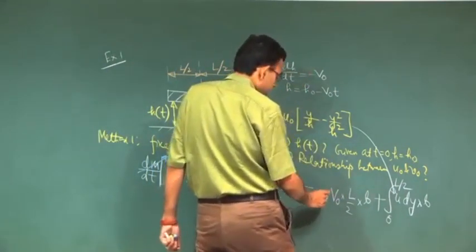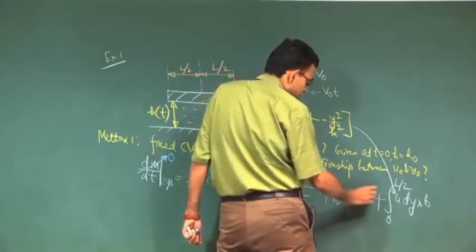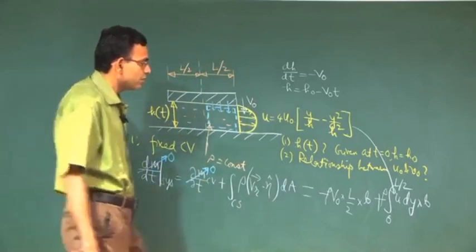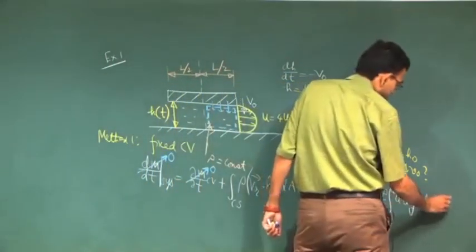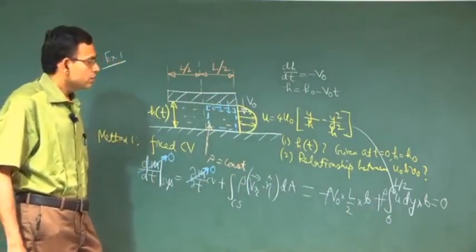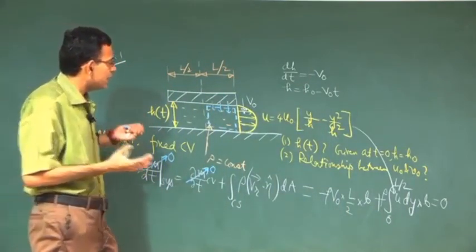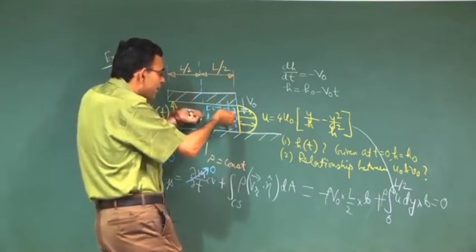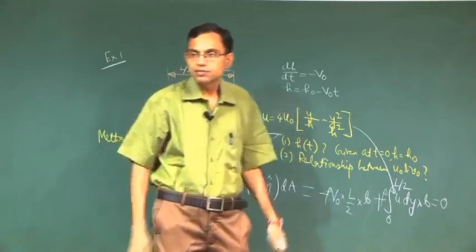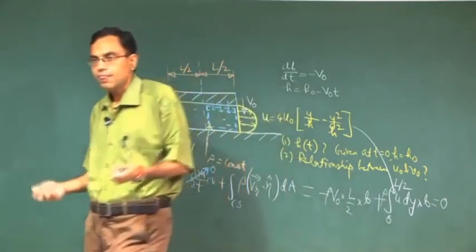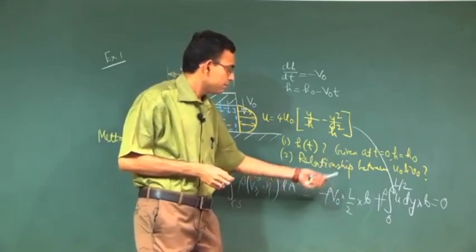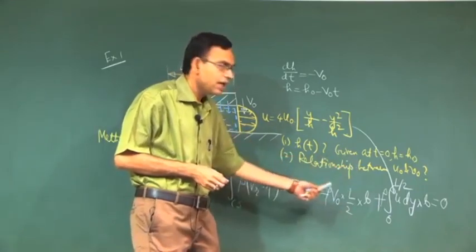So both terms have rho, and this is equal to 0. So conceptually it is the rate at which the fluid is flowing in is the rate at which the fluid is flowing out if rho is not variable. That is the basic paradigm that we are considering here.